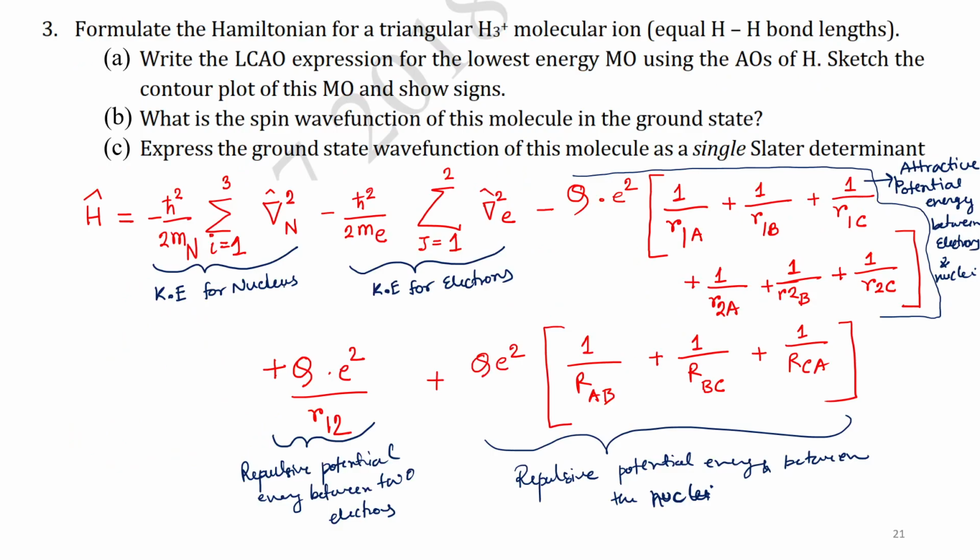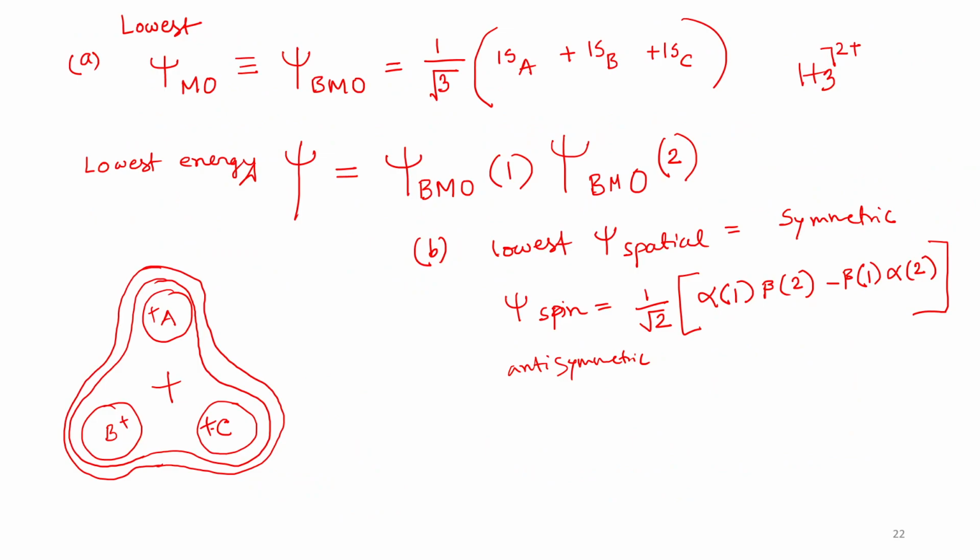Now express the ground state wave function of this molecule in a single Slater determinant. To be honest, that is very tough with all the multiplication terms, but the easier way would be the Slater determinant. So remember the Slater determinants are based on spin orbitals. Spin orbital is your total, psi spatial into psi spin.